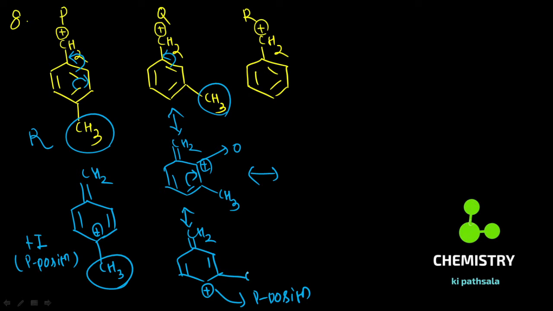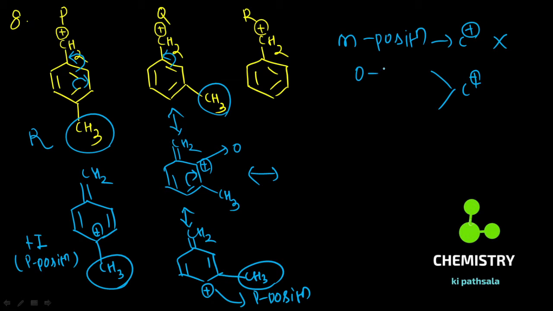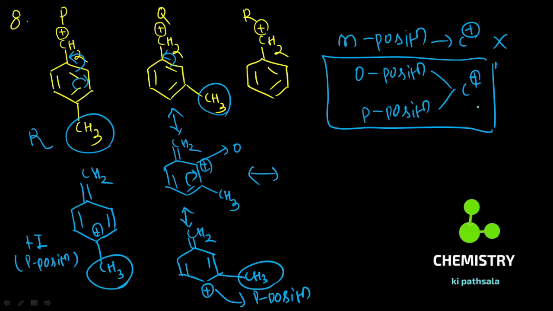But the presence of the CH3 group at the meta position means there is no formation of carbocation at the meta position. Carbocation is not formed at the meta position, but it is formed at the ortho and para positions. That means the stability of the carbocation depends upon the groups present at the ortho and para positions, right?